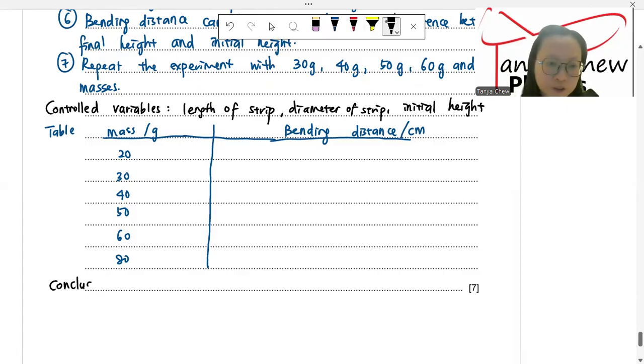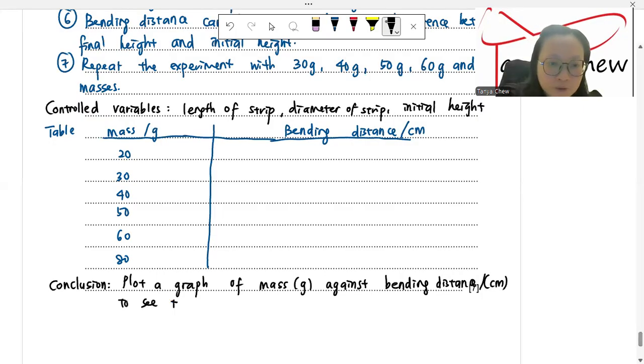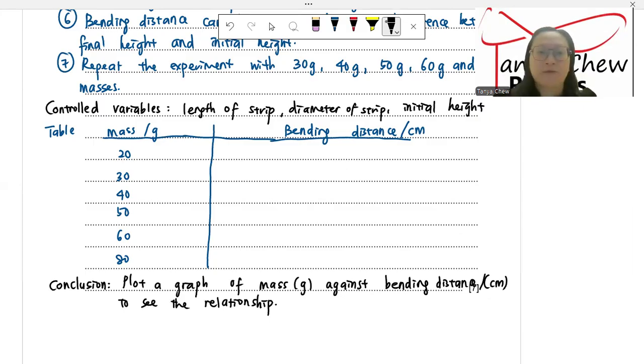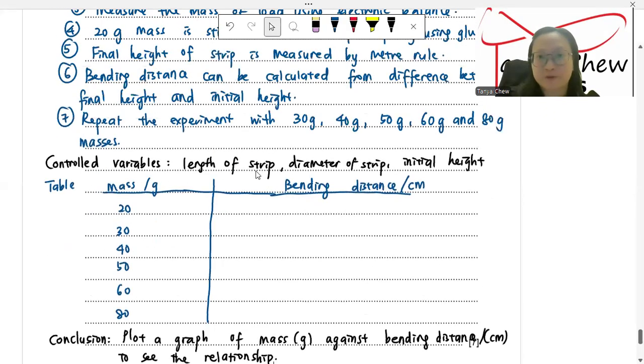Conclusion, maybe you can say plot a graph of mass in gram against bending distance, which is in cm, to see the relationship, because I really don't know. I'm just a planner because this experiment is new. It's not being conducted yet. That is all about the discussion for this May June 2024 paper 61.